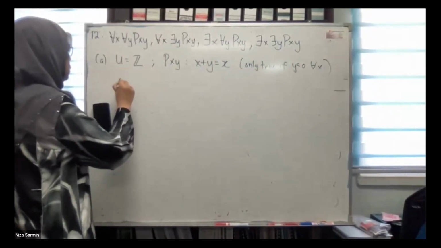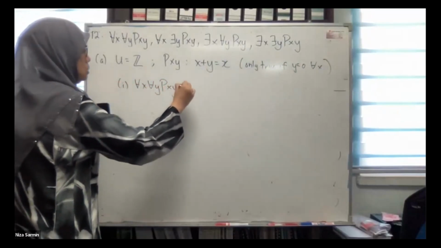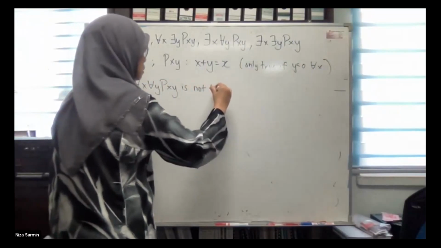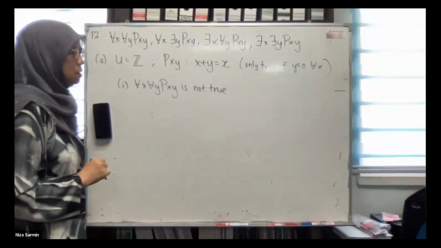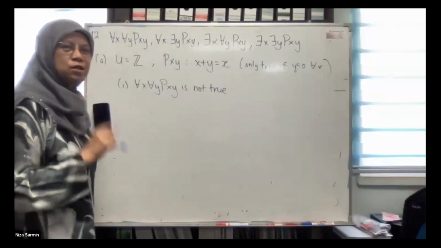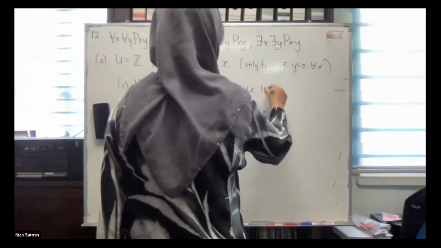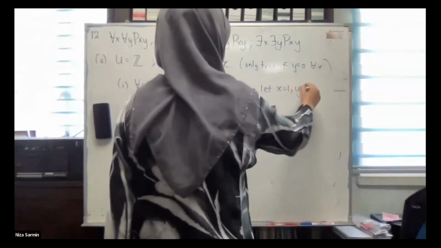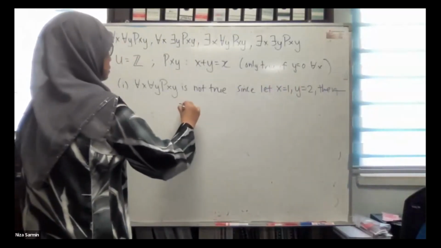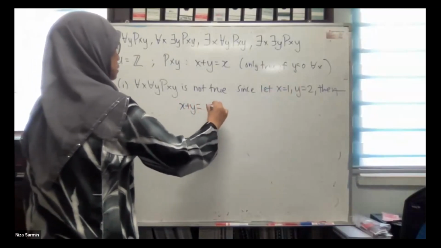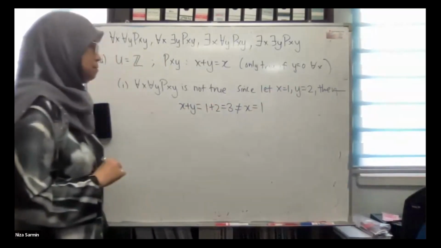Okay, so the first one, for all x, for all y, pxy is not true. Not true, you have to give a counter example. Since let x is 1, y is 2, then x plus y is 1 plus 2 is 3, is not x, which is 1.